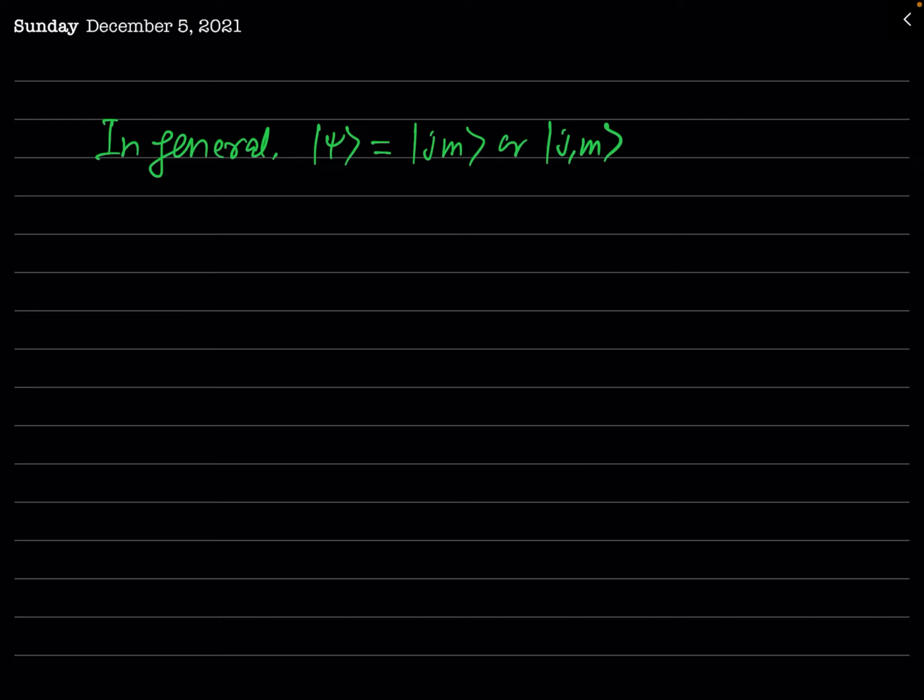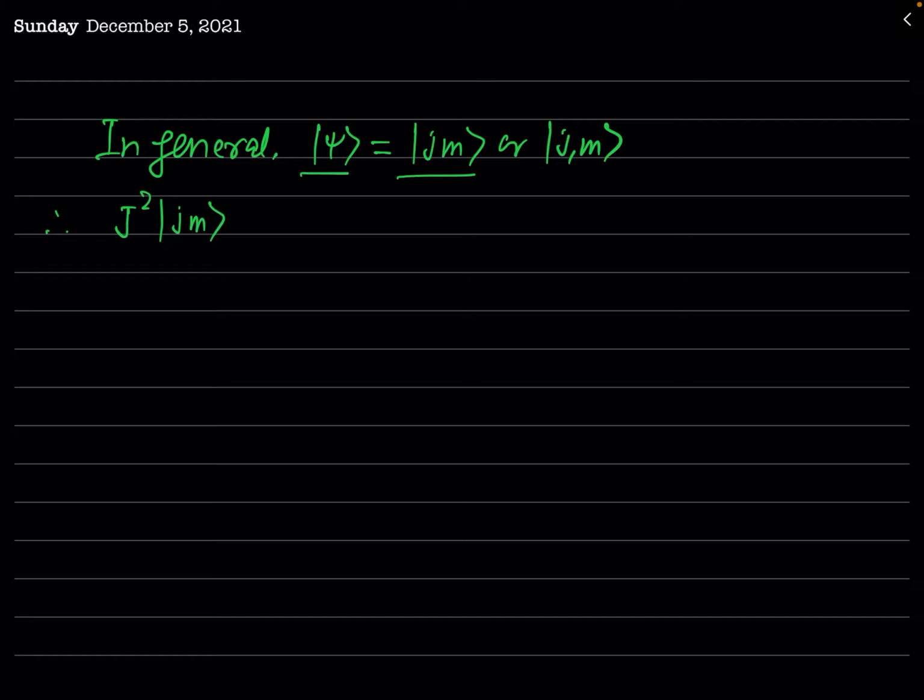You may write this without comma, and you may also write using the comma. So this eigenstate ket psi of the operators Jz and J square is written by this symbol ket jm or ket j comma m. So finally you can write the eigenvalue equation for these two operators like this: J square ket jm. I would like to write this eigenstate simply as ket jm, not j comma m.